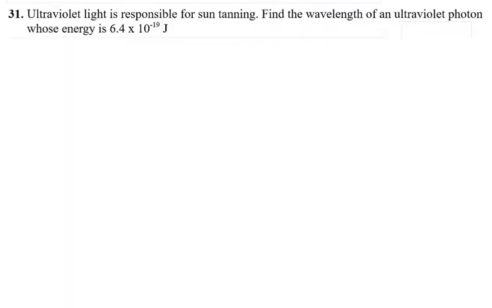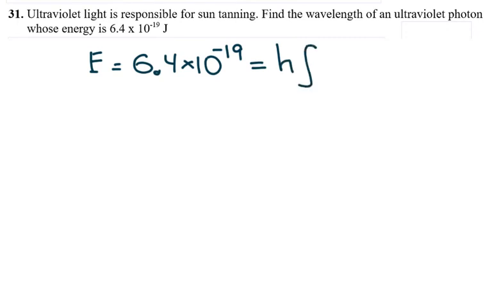In this question, they say ultraviolet light is responsible for sun tanning. Find the wavelength of an ultraviolet photon whose energy is given. The energy of the photon is 6.4 × 10^-19, and that is equal to Planck's constant times the frequency.